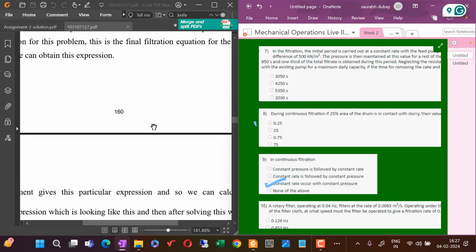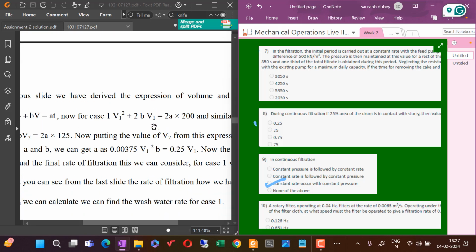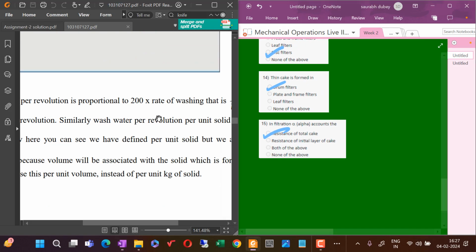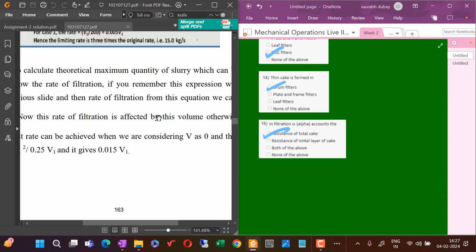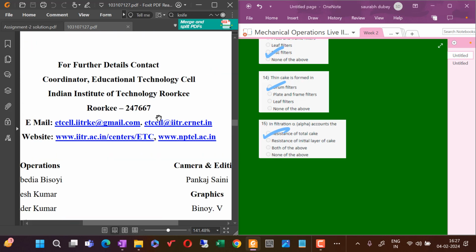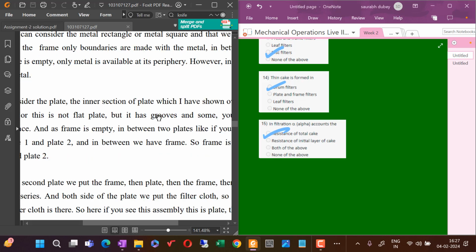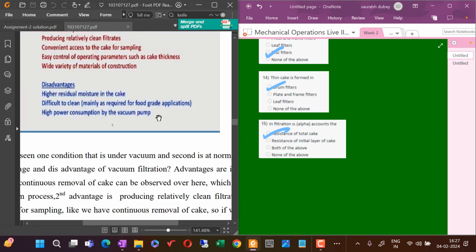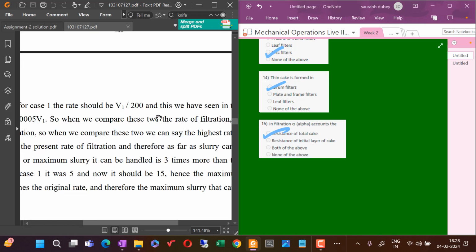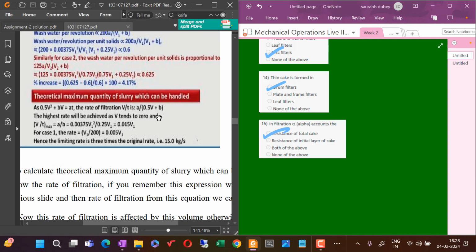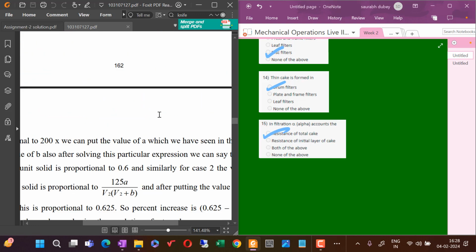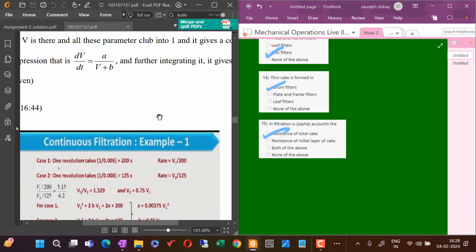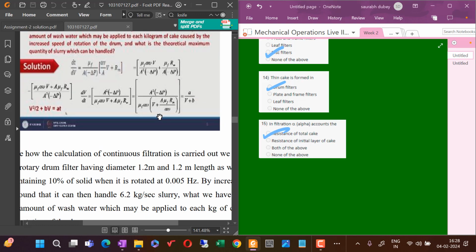When you see this F value, it is calculated. This is the fraction of the part which is dipped, which is inside.